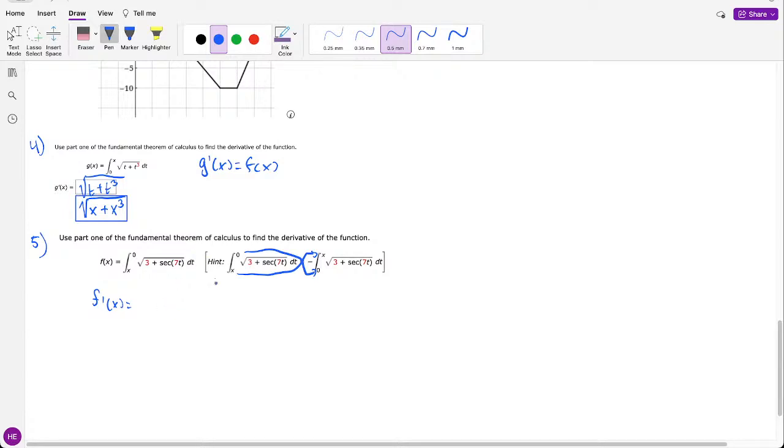Because, oh man, by this logic, f prime of x is just going to be negative square root of 3 plus secant of 7t with respect to t. Like, that's our answer. Pretty sure that's our answer. But why? Why are we doing this?